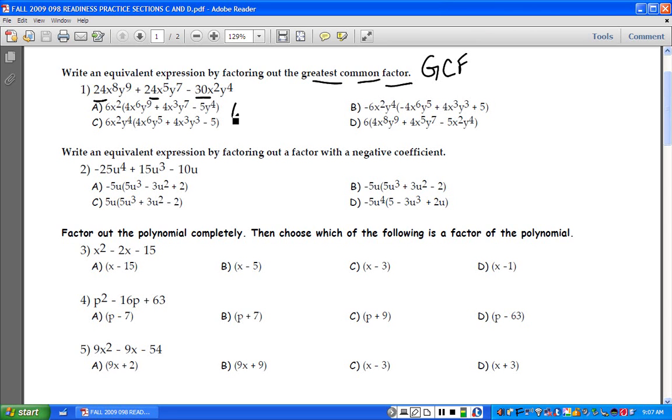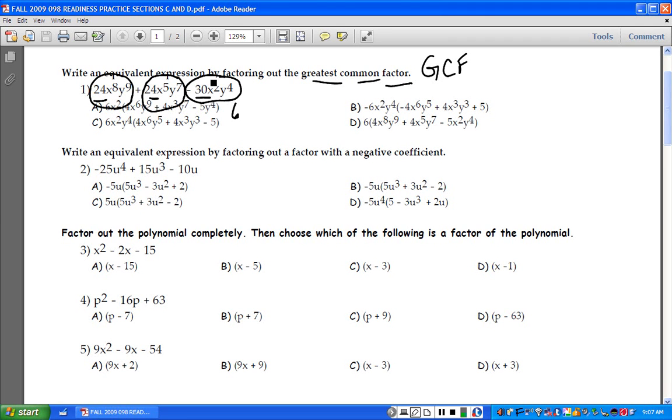Then, after you've checked the coefficients, you shift your focus to the variables. With the variables, you want to see if that variable is located in each term of the polynomial. This particular polynomial has 3 terms: 1, 2, 3.